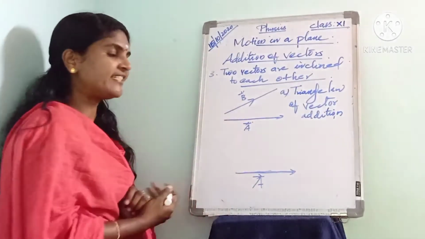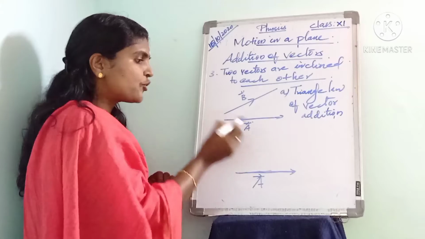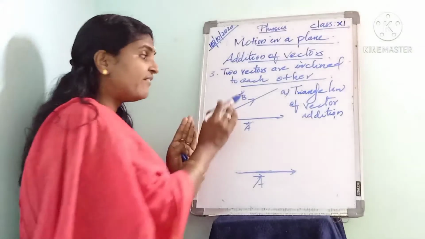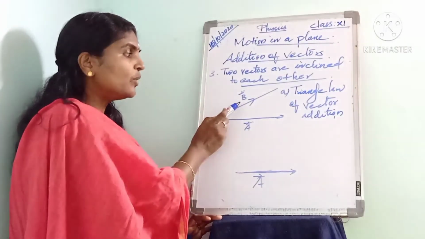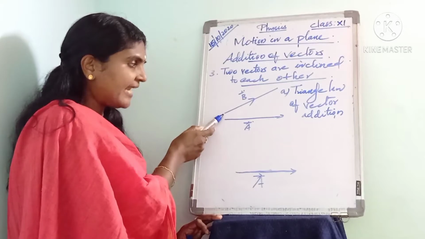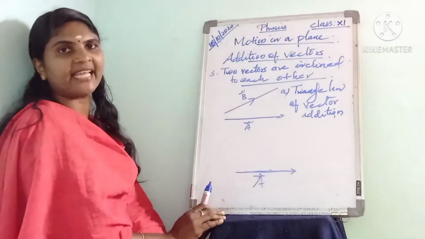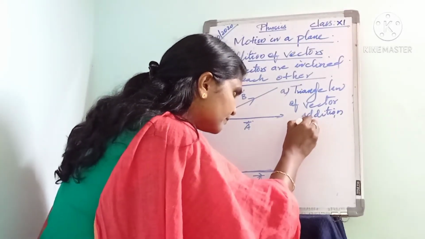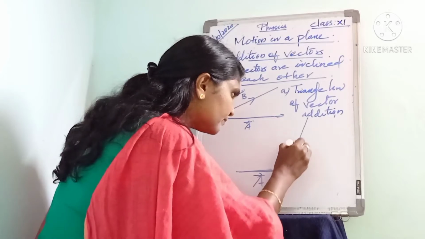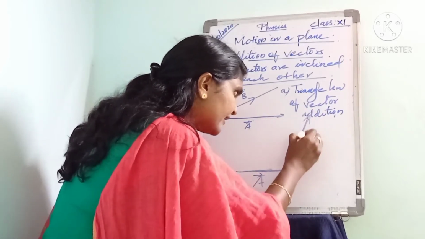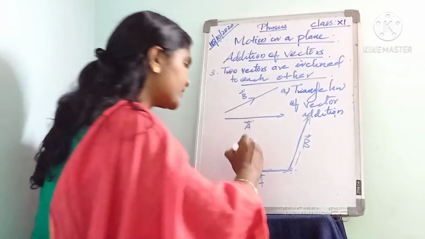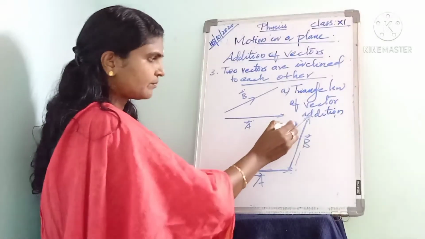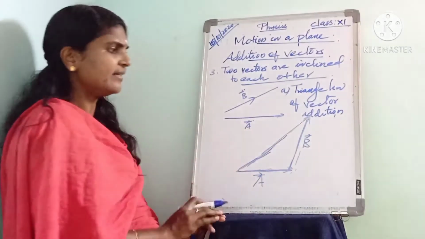Then we have to move vector B in such a way that its tail coincides with the head of vector A. Like that only we have to draw vector B. This is the vector B. Then we close the third side of the triangle.